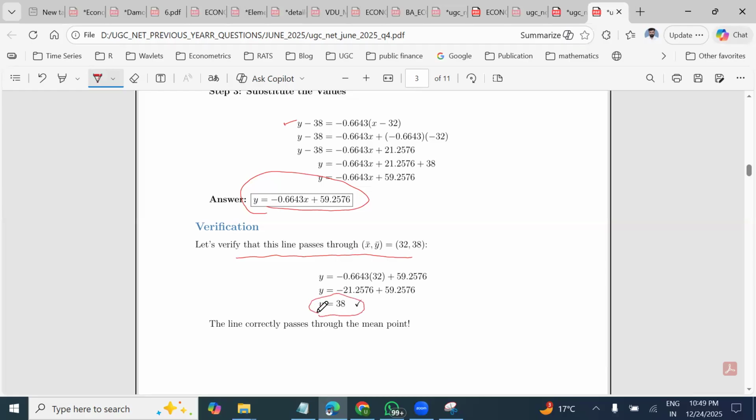This is an important step. If you remember, I told you the numerical properties of regression. So just replace x with the x bar value in the regression equation, and if you are getting the y mean value, then you are correct.